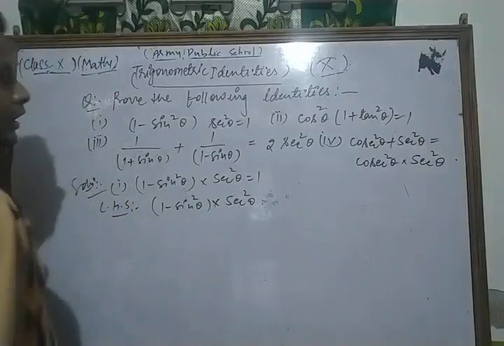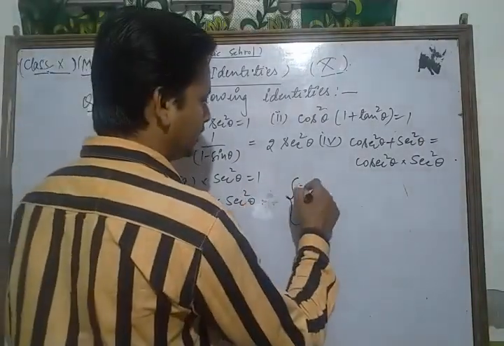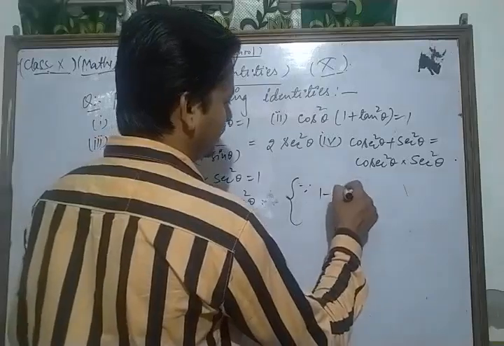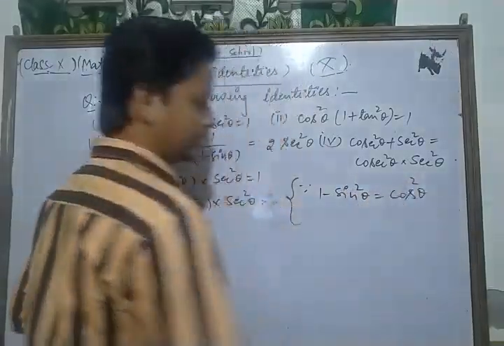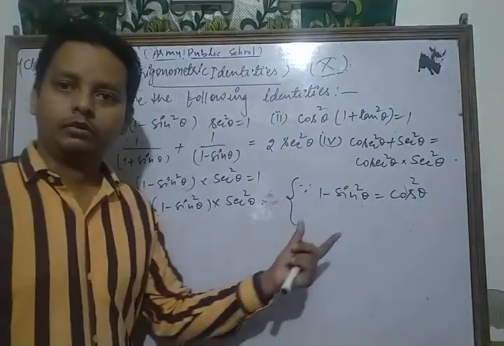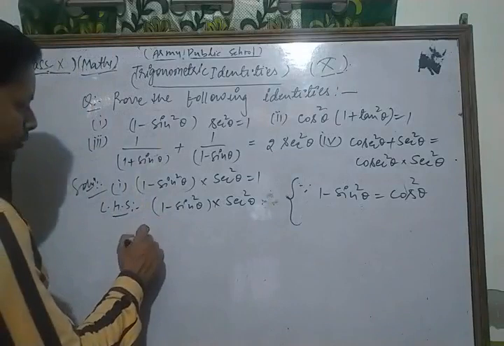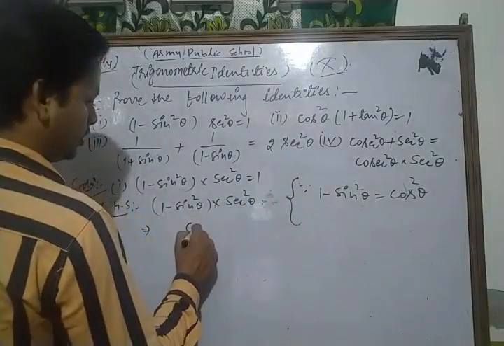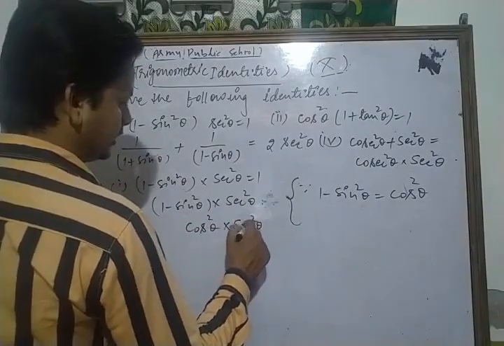Since we know that 1 minus sin square theta is equal to cos square theta, we write 1 minus sin square theta as cos square theta, into sec square theta as it is.